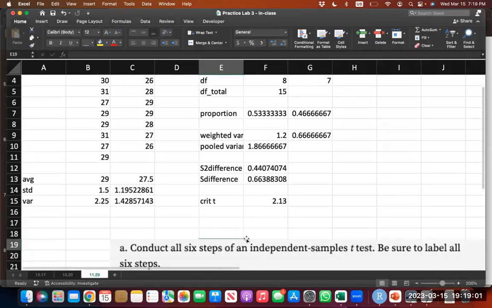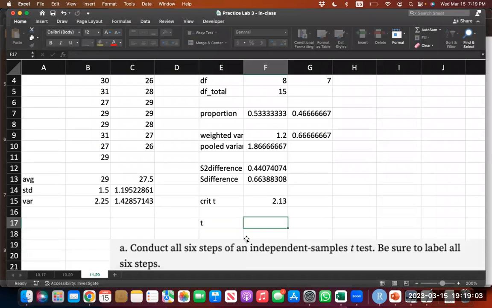So if I calculate now the t, this is basically average 1 minus average 2 minus 0 as our null hypothesis, divided by the standard error of the mean difference.